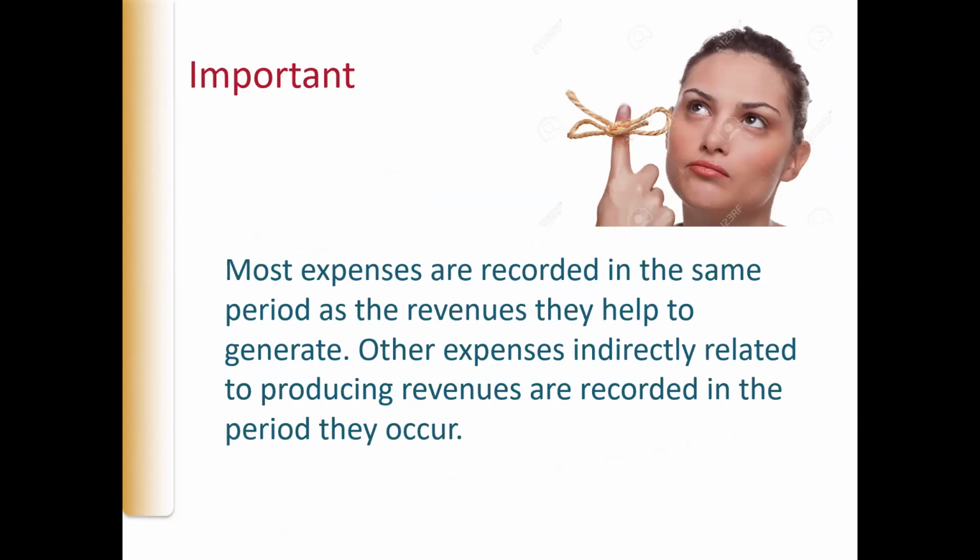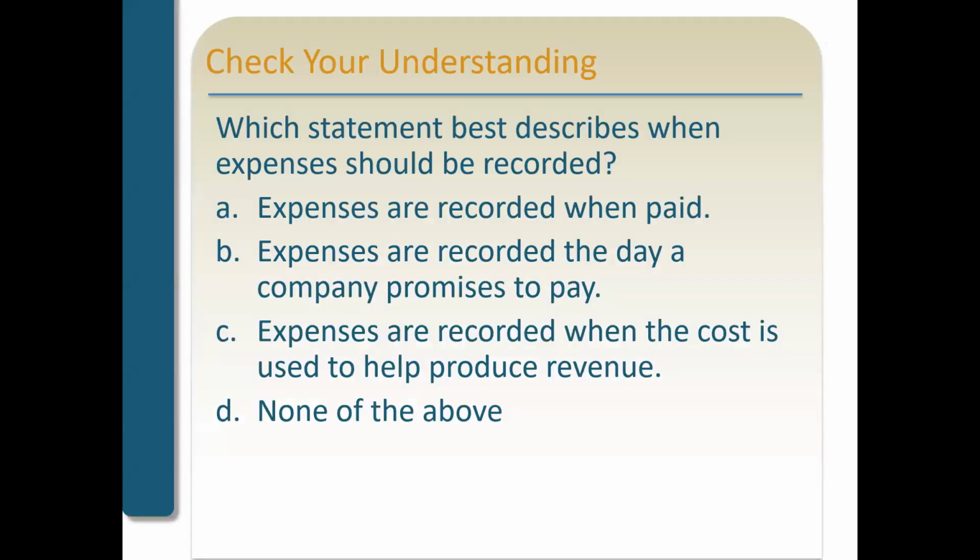There are other expenses that may be indirectly related to producing revenues that get recorded in the period they occur. We'll talk about that. Sometimes there are advertising costs that will just be recorded when they actually happen.